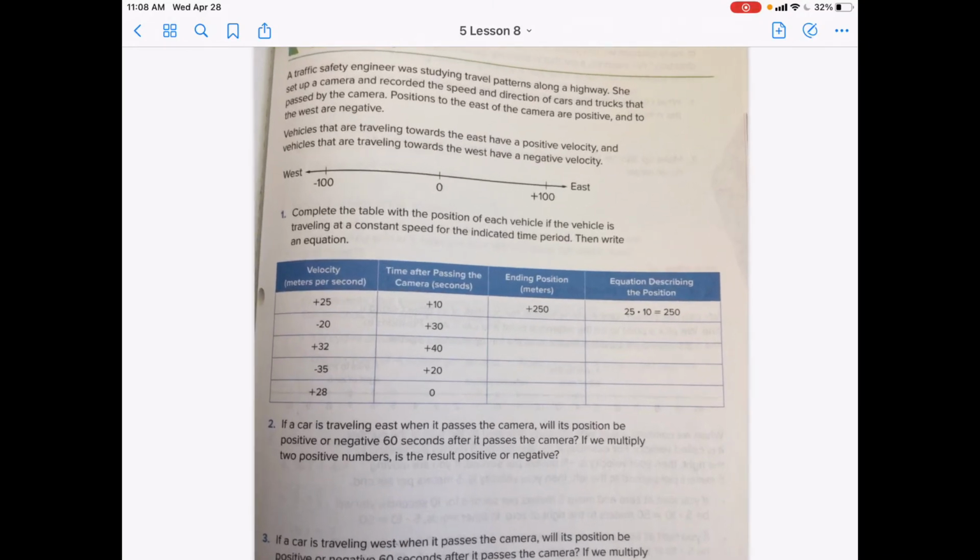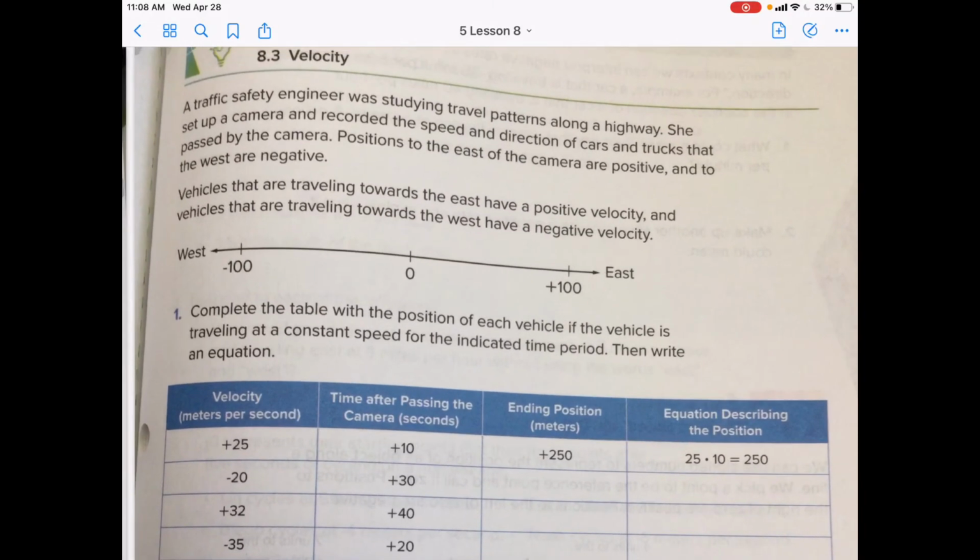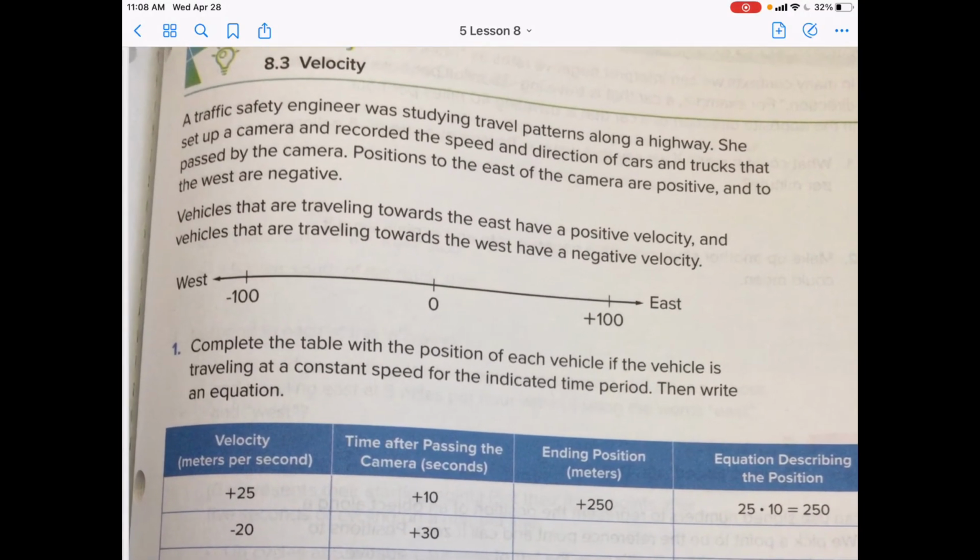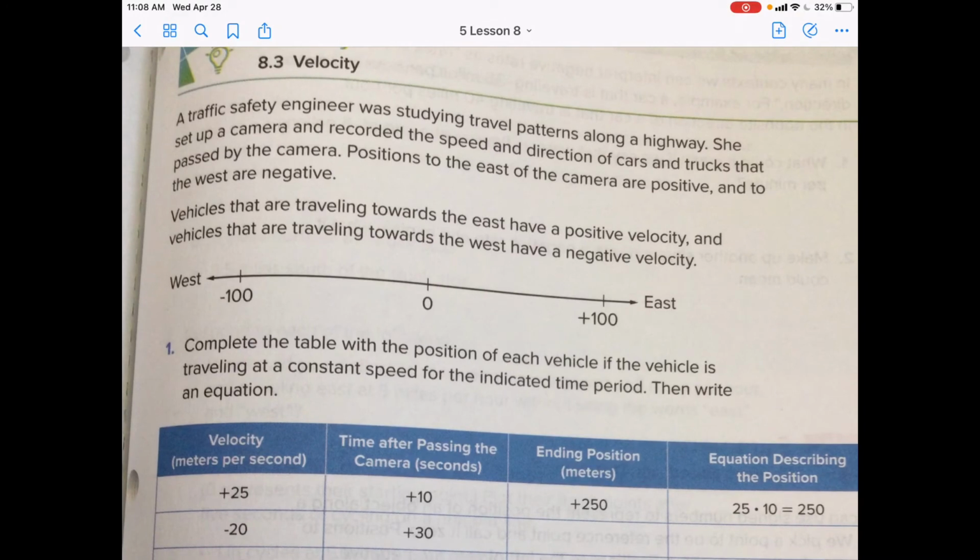We're going to look at some velocity. A traffic safety engineer was studying travel patterns along a highway. She set up a camera and recorded the speed and direction of cars and trucks that passed by the camera. The positions to the east of the camera are positive and to the west are negative.